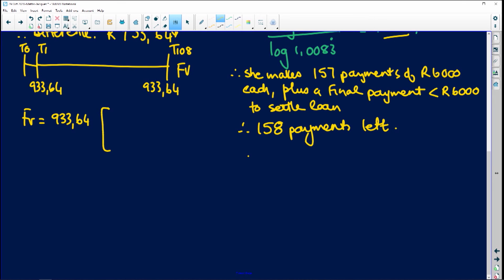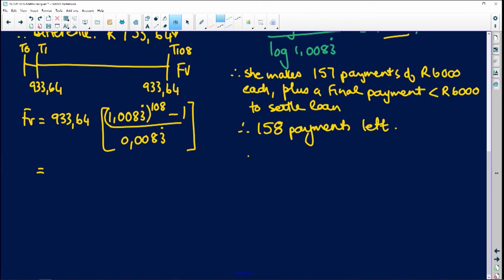Is this 933.64 that goes forward at 1.0083 recurring for 108 months, divided by 0.0083 recurring. You've got to put interest with that money. You cannot just say it is 108 multiplied by 933.64. No, folks.